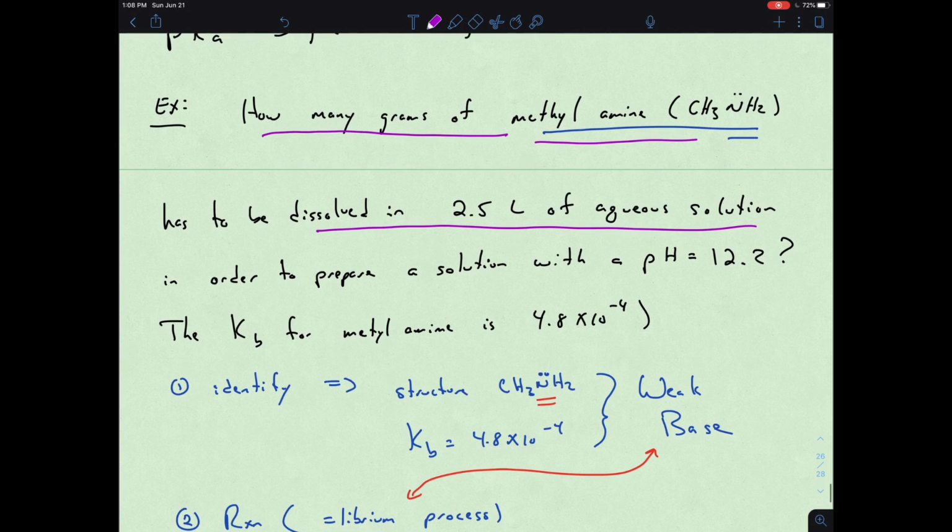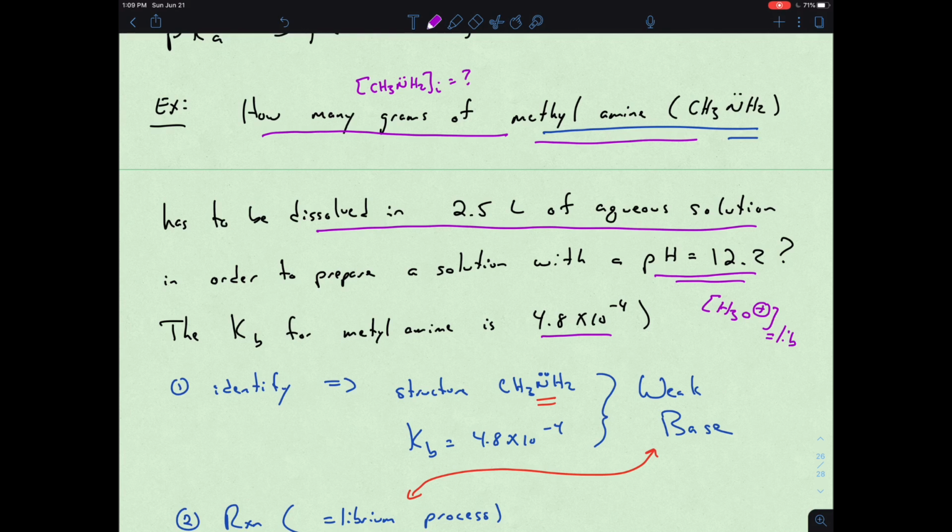So this is really trying to figure out the initial concentration of the methylamine. We are given a pH, and that's always important because that's giving us hydronium ion at equilibrium. We've already used our Kb in the expression.